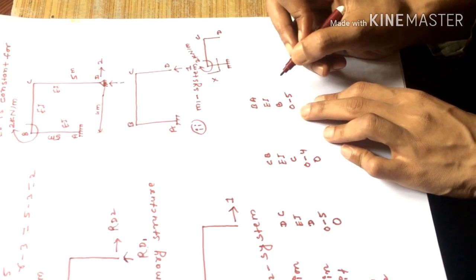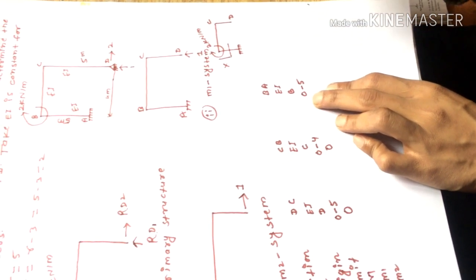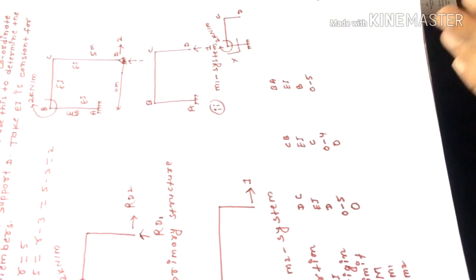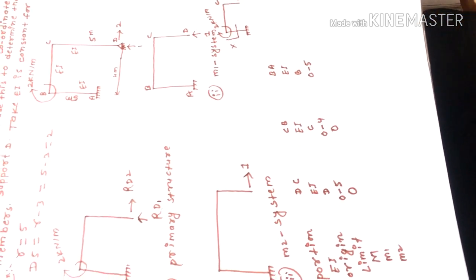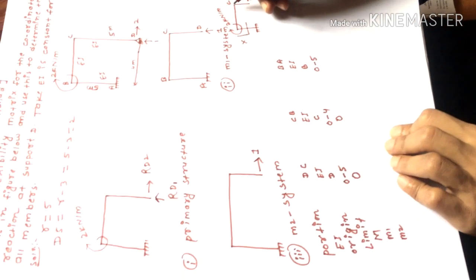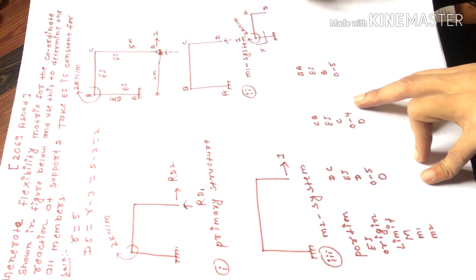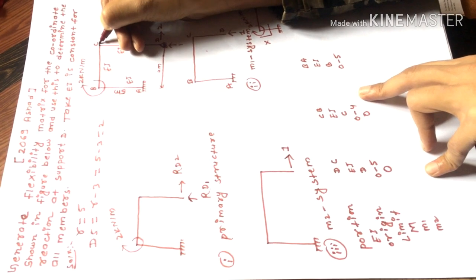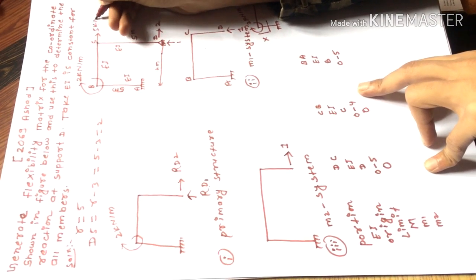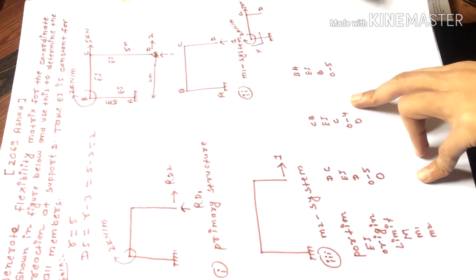Here we are moving from right to left, so always keep in mind to take anticlockwise as positive and clockwise as negative. So now here 5 kilonewton is acting.